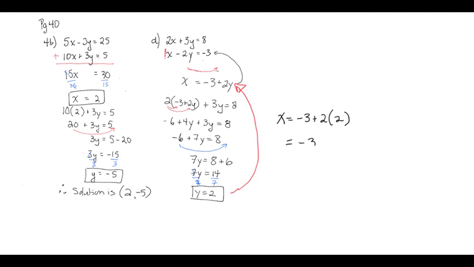So x is -3 plus 4. We have to do the multiplication here first, right? And now we can add. -3 plus 4 is 1. Therefore, the solution is x goes first, y goes second, and you're done.